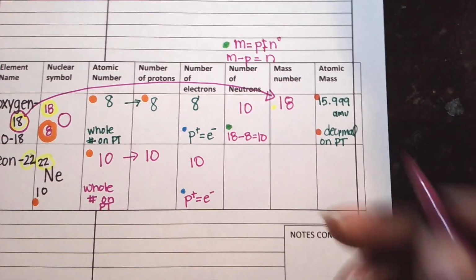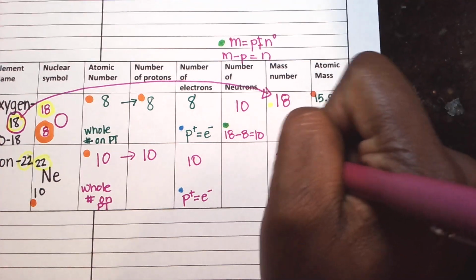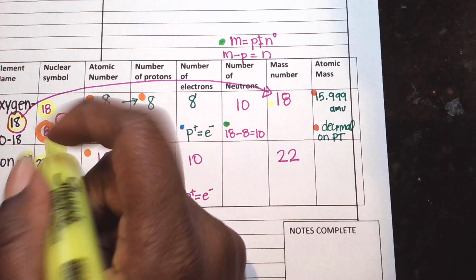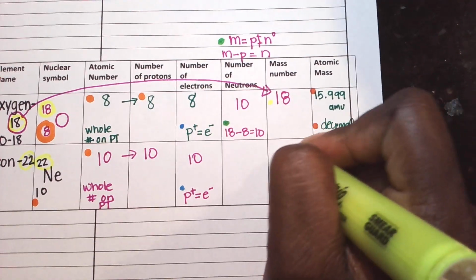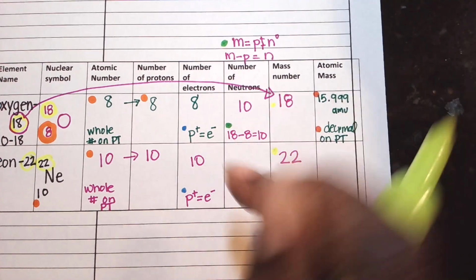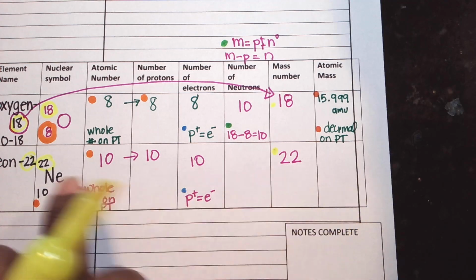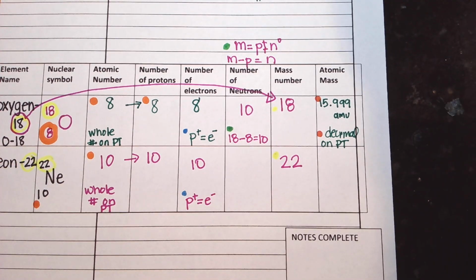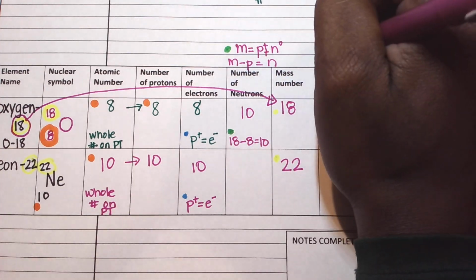My mass number is going to be 22. How do I know that? Because the top number here is 22. Whatever this mass number is, this number is going to be, and this number is going to be. Now, average atomic mass, sometimes just called atomic mass, is not the same as mass number. This is always the decimal.